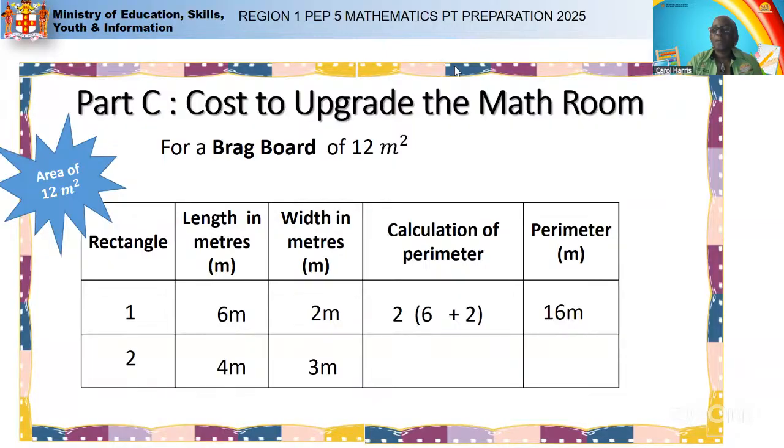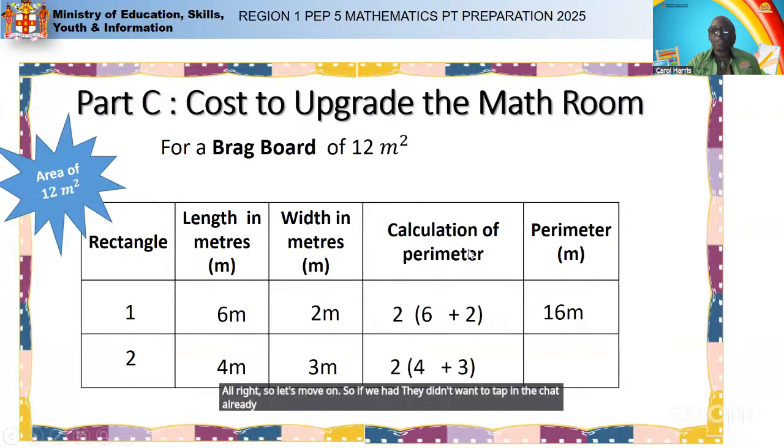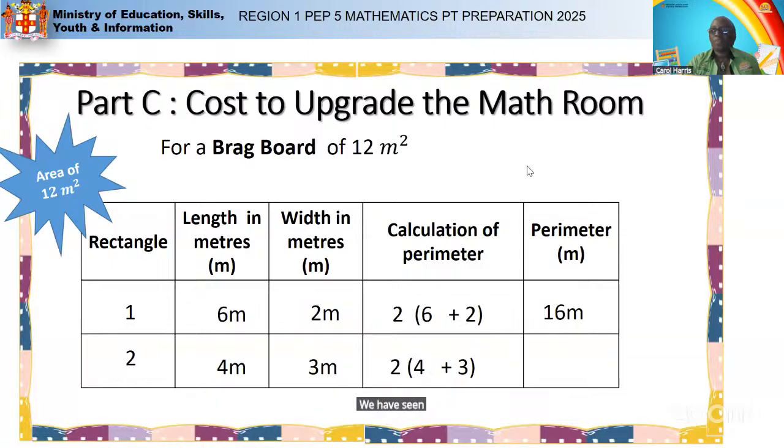Okay. All right, so let's move on. So if we had, then I'm going to type in the chat how we would have calculated the perimeter for the 4 meter by 3 meter. Good, we're seeing some responses here. Some persons have put in the answer as 14 meters.